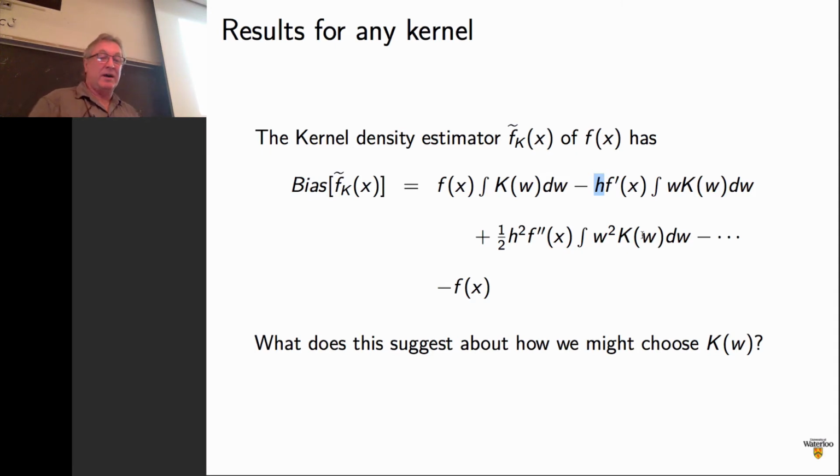Can I make that bias of order h squared? Well, to do that, I'd have to make this term disappear. To make this term disappear, the only thing I've got in control is the choice of k. So I'd like that to be 0.